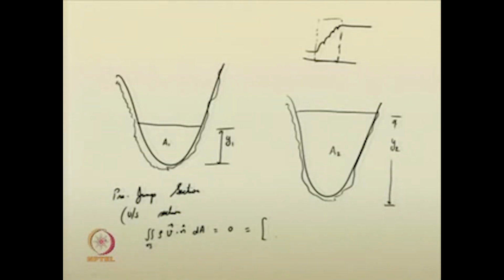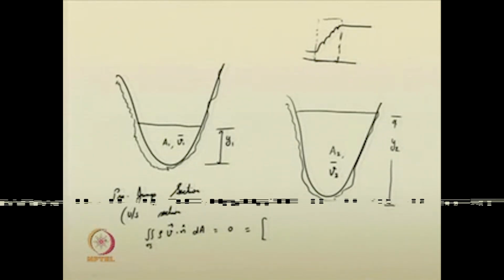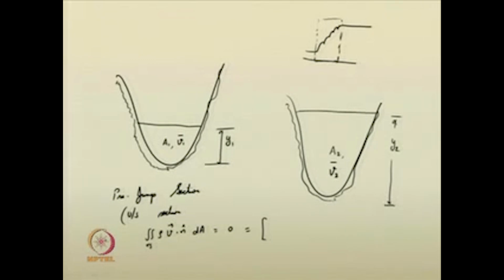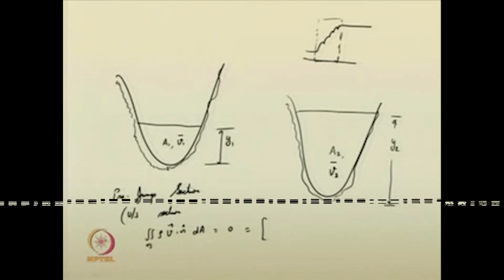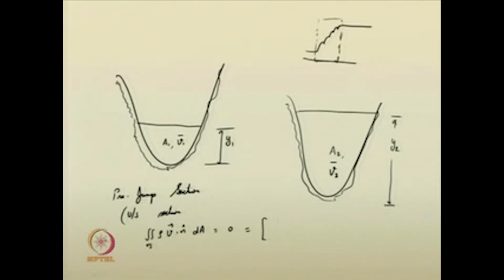So, as we know, we used to take the average velocities in the sections. So, this average velocity into area can be combined for this entire integral term. As in the left hand side the outward normal is opposite to the flow velocity direction, therefore, this is a negative quantity.